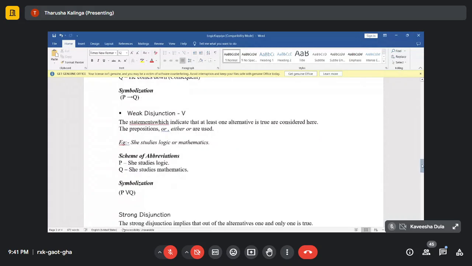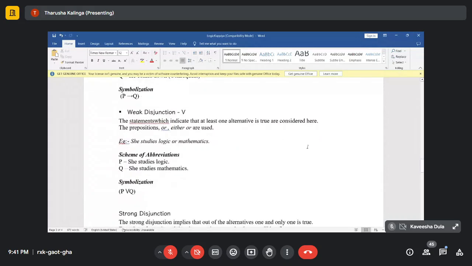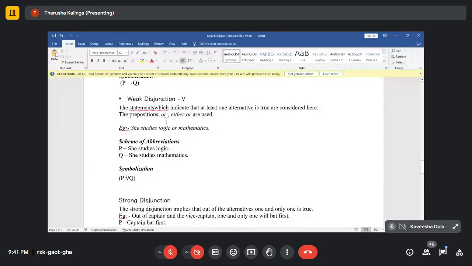Then the next one, weak disjunction. What is weak disjunction? Weak disjunction is the normal disjunction that we use, like the or gate. Okay, or gate. So these statements indicate at least one alternative.